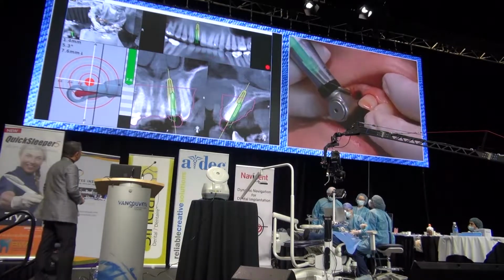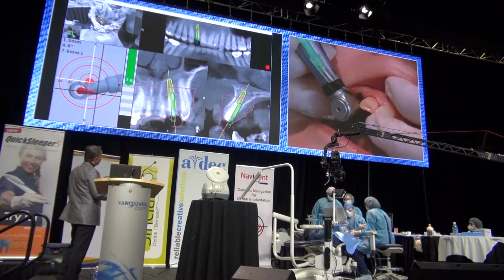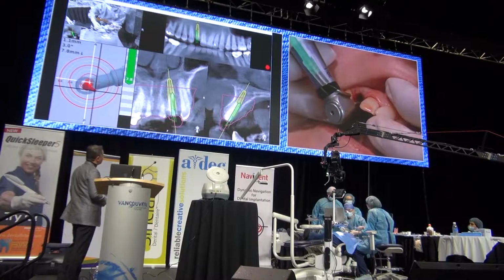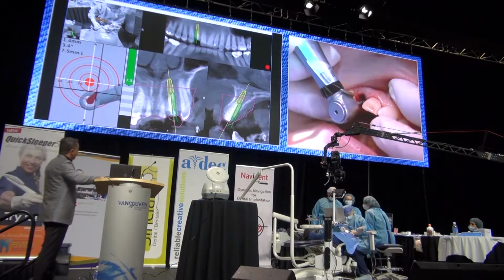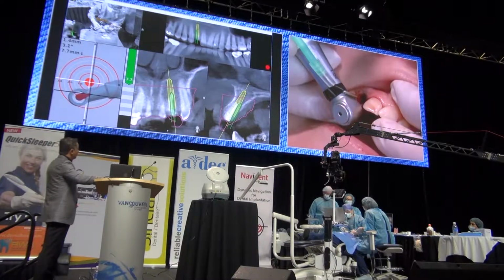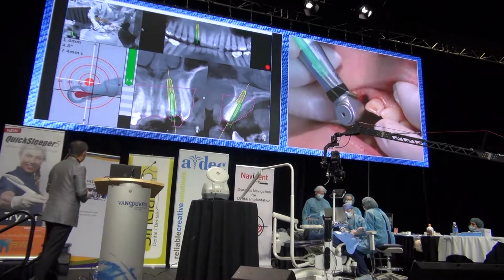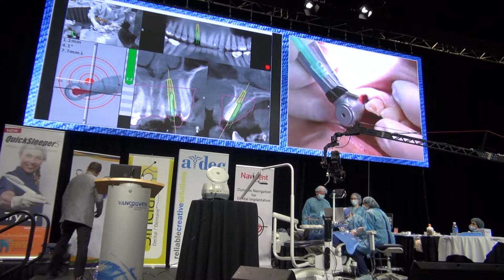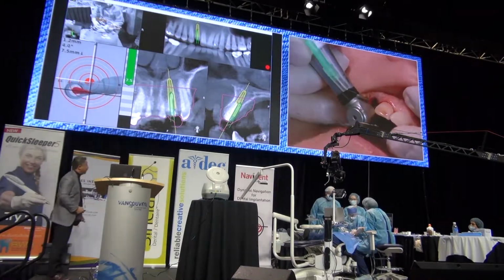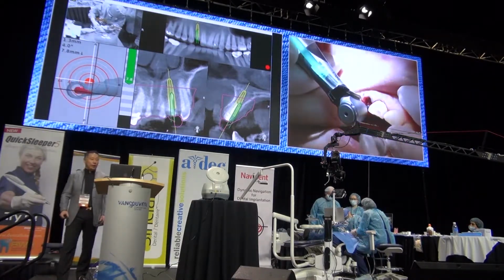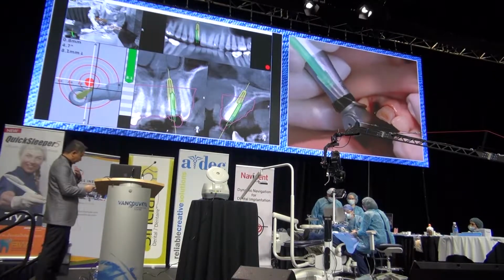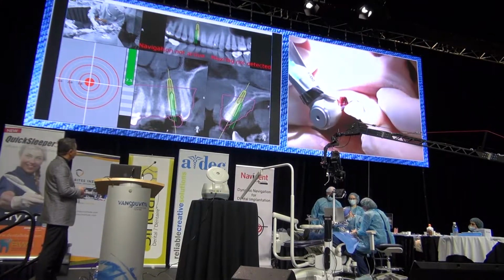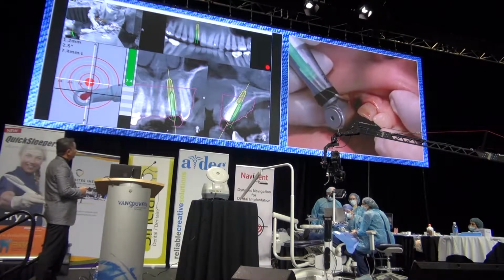This is an immediate protocol, so there's no socket, there's a socket in there already. So now this is the challenge. If you haven't done any immediate protocols, you should know and appreciate you have to fight the bone or fight the socket. You're not going to follow down the long axis of the socket. So now he's just repositioning.